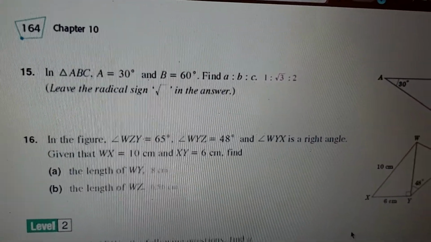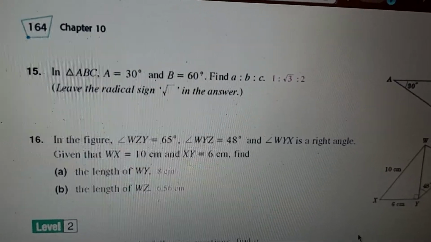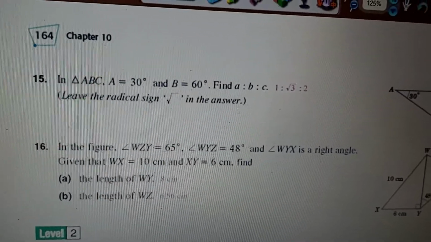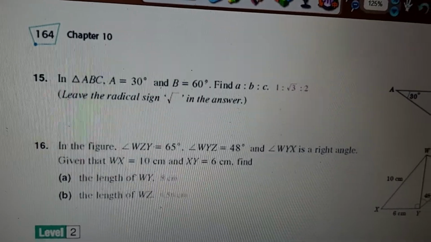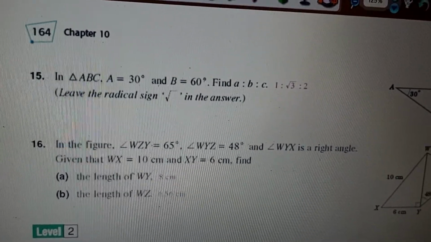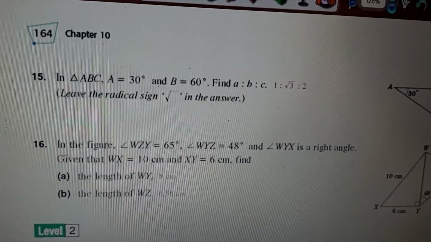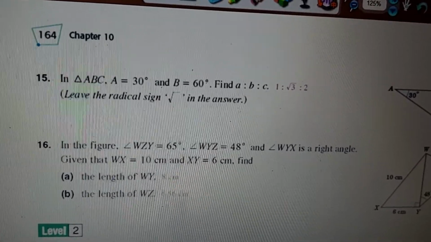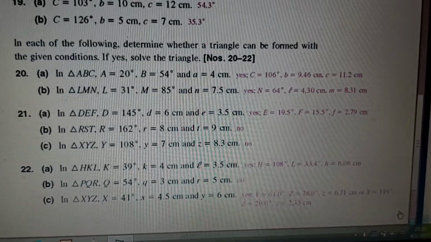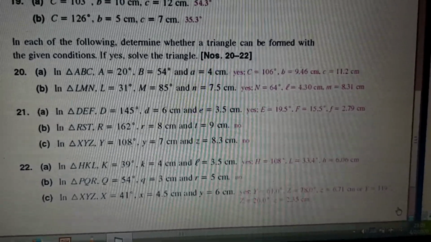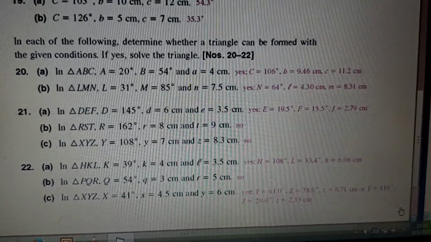Question 15, the ratio is 1 to root 3 to 2. Question 16, part A, WY is 8 cm. WZ is 6.56 cm. Okay, here is the answer for questions 20 to 22.